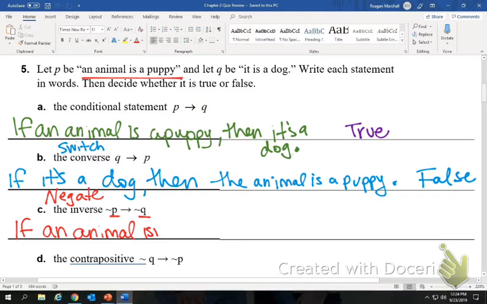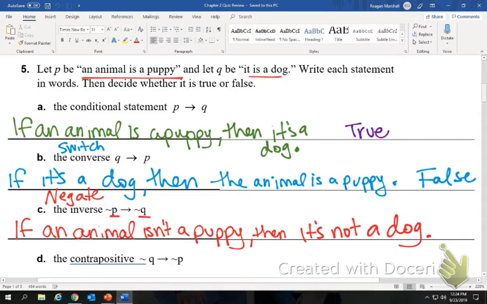Good. So if an animal is not a puppy, then it's not a dog. True or false? Still false, because you have old dogs that are not puppies, but still a dog.